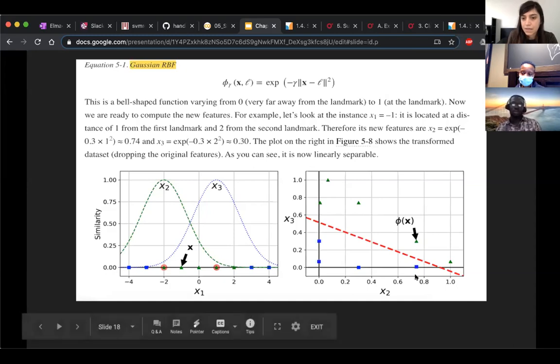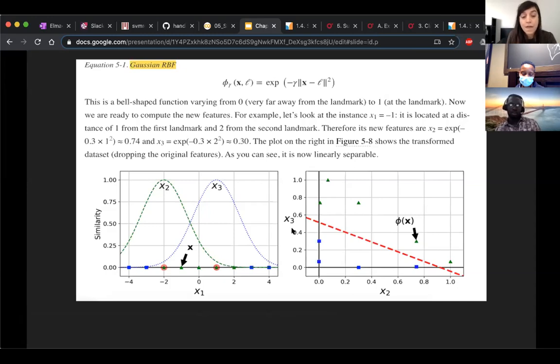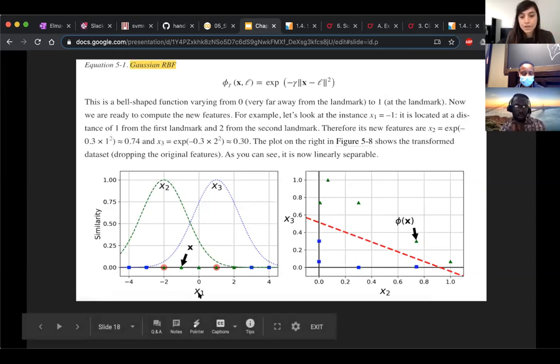So somewhere over here, and it intersects somewhere over here. So then what we are doing is discarding the initial feature, and we are mapping it in a different dimension with completely different features. And remember, on the polynomial feature extraction, our new dimension is based on the first one, but on the new dimension we are also using the initial feature.